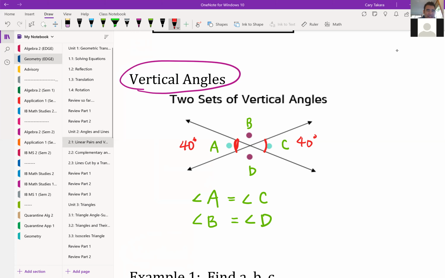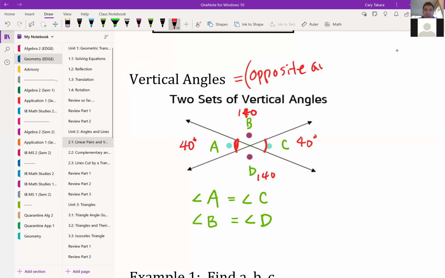If B is, let's say, 140 degrees, what do you think D is going to be? It's got to be 140 again. Again, the opposite angles are always equal, vertical angles. Opposite angles are equal.